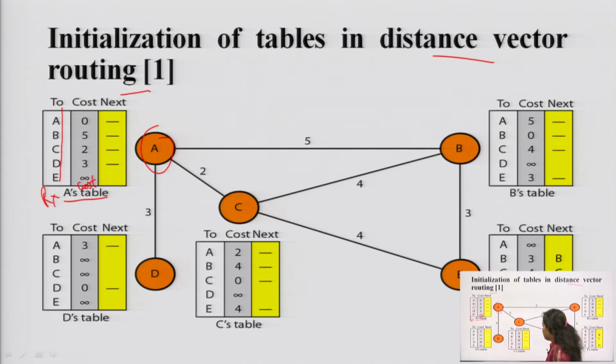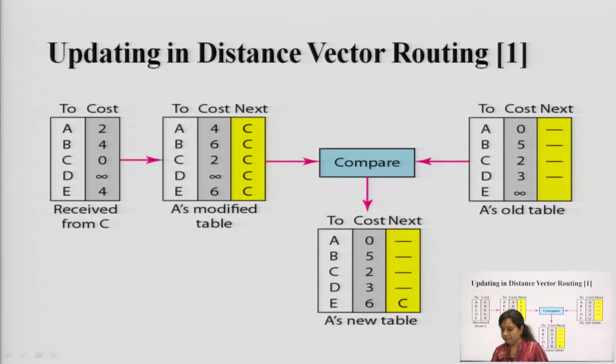Then again if it is D's table, then D will be the transmitter, these are the receivers and this is the cost basically to the next hop. Then this is the second table, third table, fourth table and fifth table. So, these are the 5 different tables which are maintained at every single node, when 5 different nodes are connected to form a particular network.